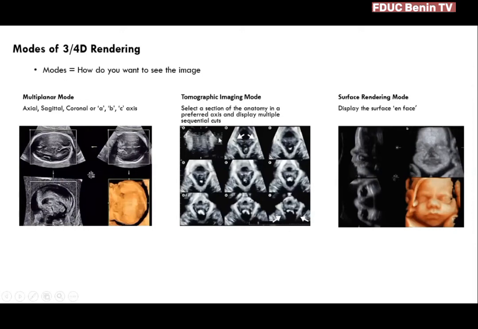So we have multiple straight lines there, right? Each one is a tomographic cut, and each image here and here, all the way down here, is a representation of each tomographic plane.